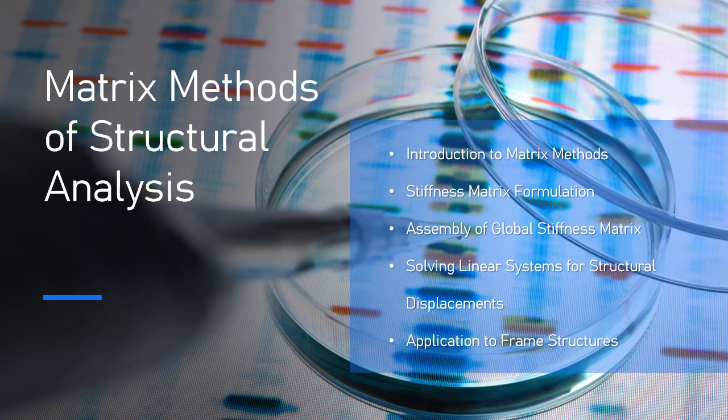Beam element, a 4x4 matrix for bending and axial deformations. Frame element, a 6x6 matrix that accounts for both bending and axial deformations. In 2D, each local stiffness matrix will have dimensions corresponding to the number of DOFs for the nodes it connects.